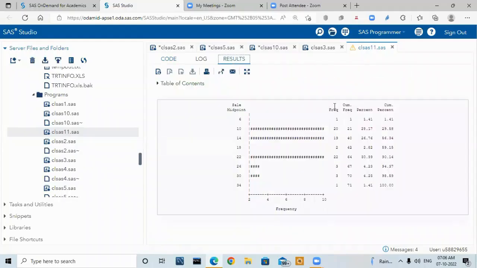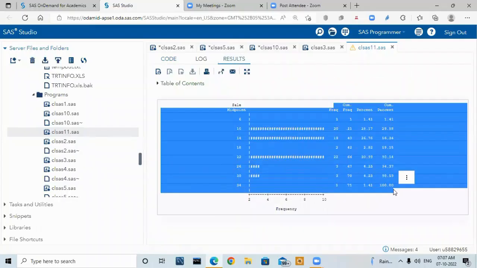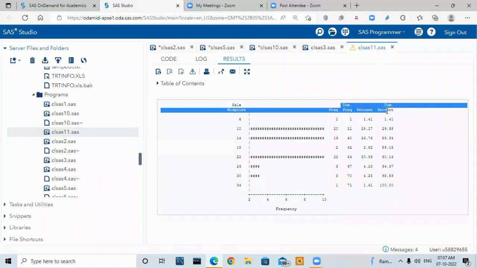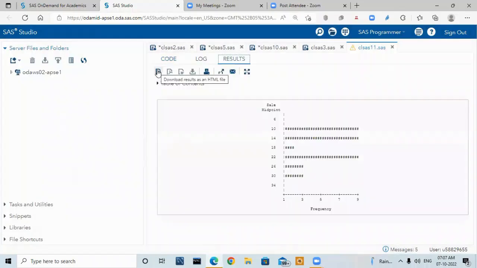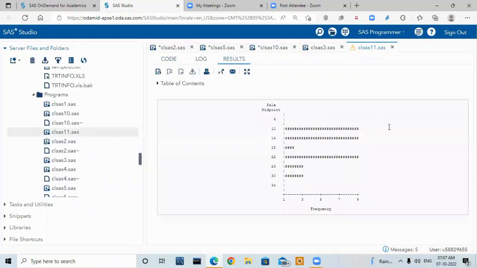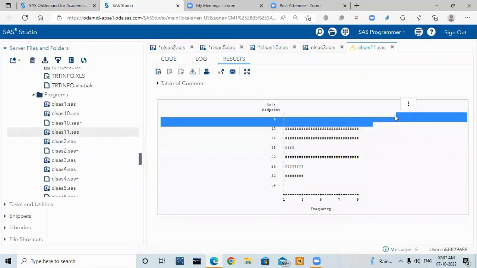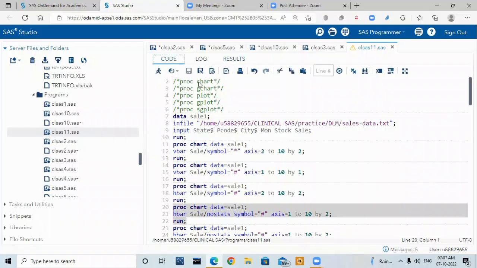If you don't want the frequency distribution table on the right hand side, for suppressing this table, we can mention nostats. So what it will do? It will not draw the frequency distribution table. Understood? Just see here, the frequency distribution table is gone. So you can mention nostats for removing the frequency distribution table.